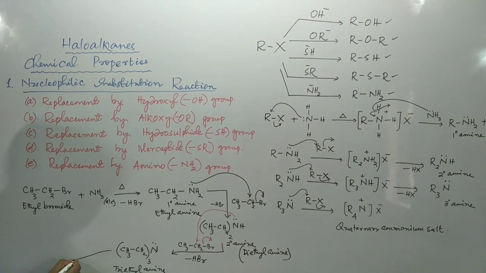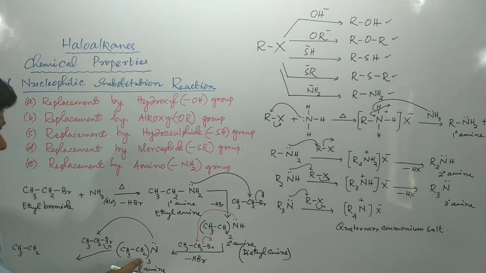And in the last step, when this triethylamine, this tertiary amine, attacks another substrate molecule through this nitrogen atom, then we will get the ultimate product. What? CH3CH2. How many ethyl groups will be present now? 4.